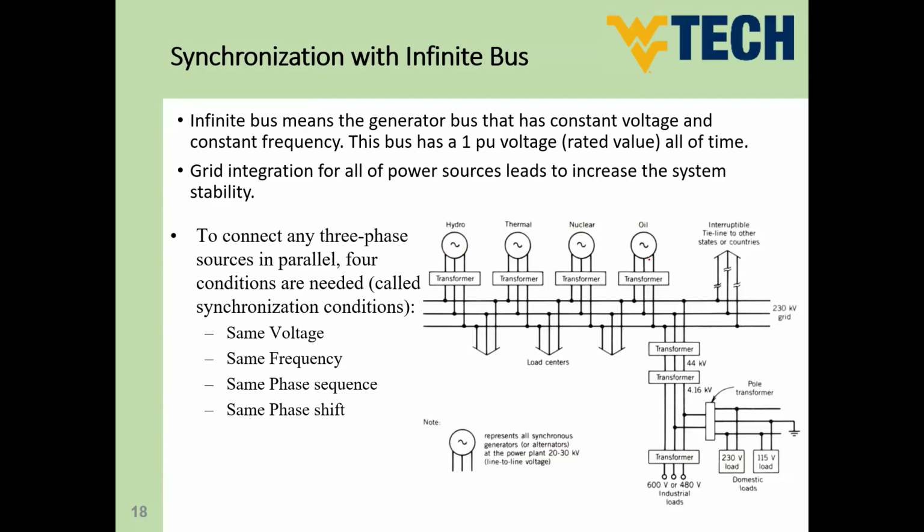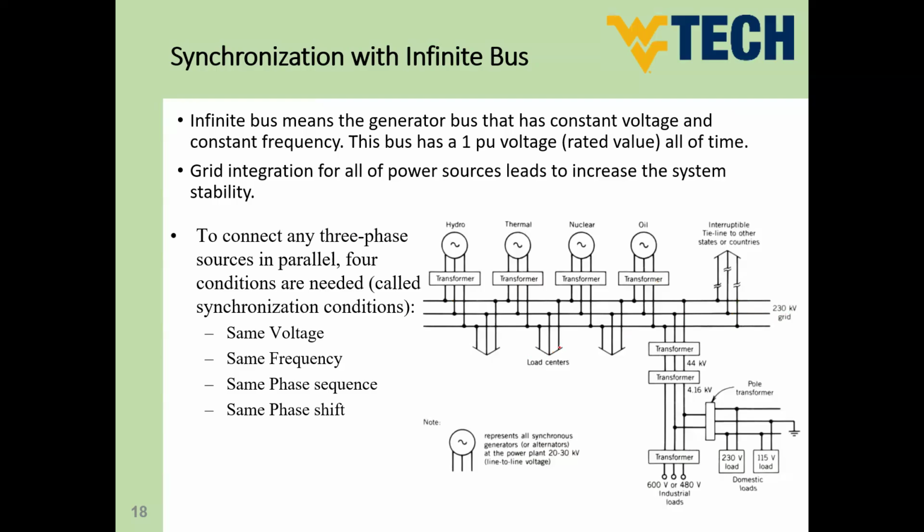If you remember, guys, when we discussed the transformer, it is used after generation to step up the voltage to a certain voltage magnitude. Here on this network, it's 230 kilovolt. So this is the high voltage of our network, 230 kilovolt. And then we will start transmitting this power to our loads.